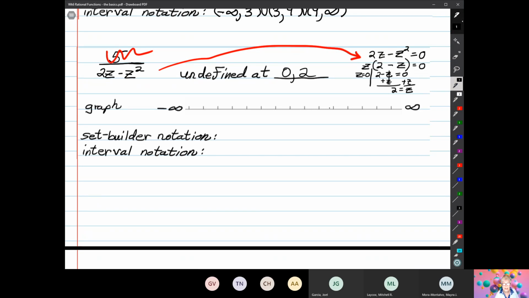So let's see, if I want this to be 0, then this will be 1, 2, 3, 4, and -1, -2, -3, just to give it a context. And I'm going to see that I have to actually remove the numbers 0 and 2.